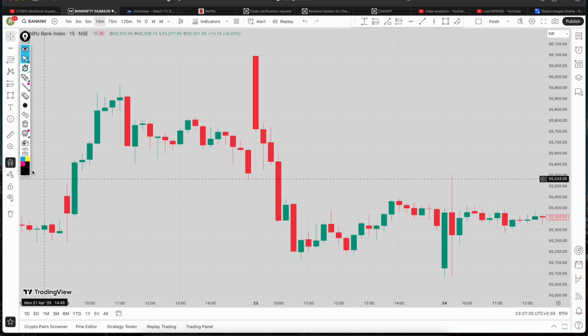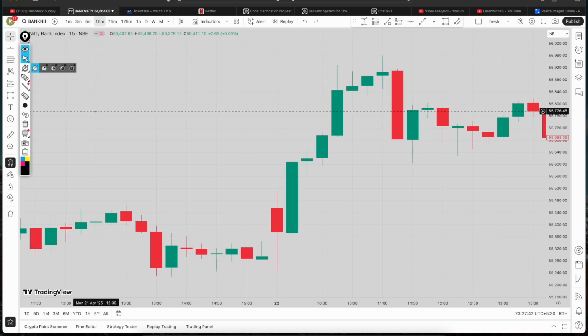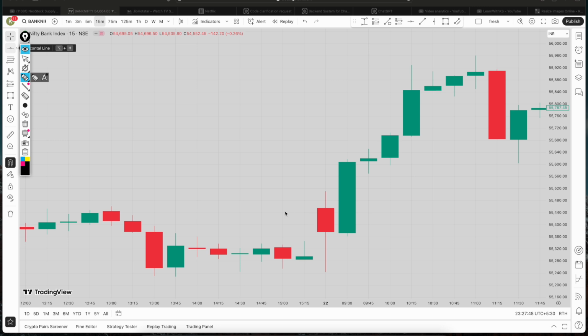What really happened in this red candle is, let me zoom in a little bit so that we get a clear picture. It opened somewhere here, and then we have a terminology which is open, high, low, close.